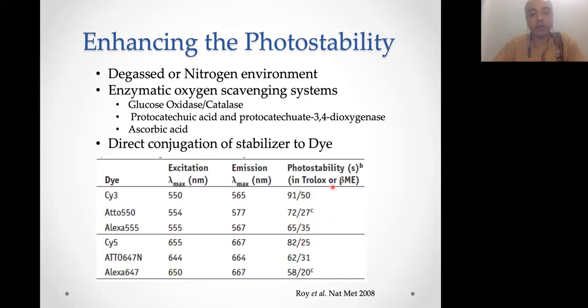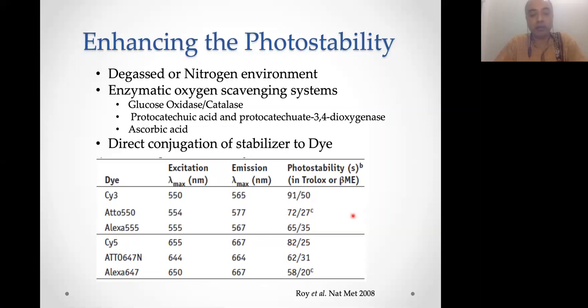This triplet state quencher is doing the same job that oxygen normally does, but because you have taken away the oxygen that produces free radicals, this dye is now able to give you a consistent level of photons for a much longer period of time before it photobleaches.